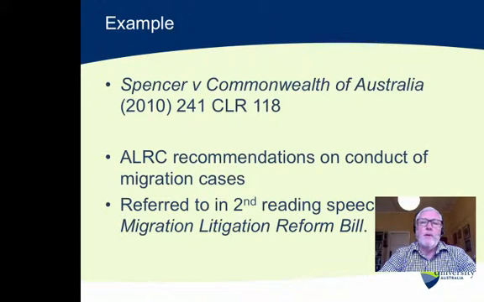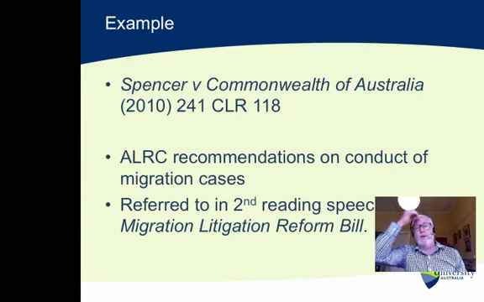In Spence against the Commonwealth of Australia, an example given in your textbook, the Australian Law Reform Commission made some recommendations on how to conduct migration cases, and I think from memory what they were looking at was the large number of appeals, or just the volume of litigation that was going through the courts, often said to be with a view to simply delaying what was a pretty inevitable day when a person was going to be repatriated.